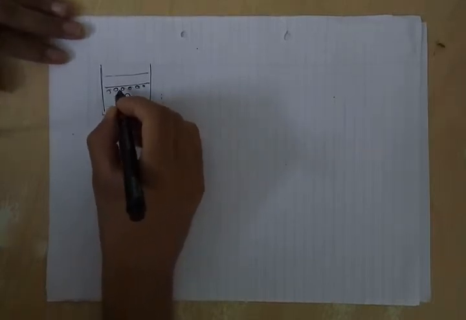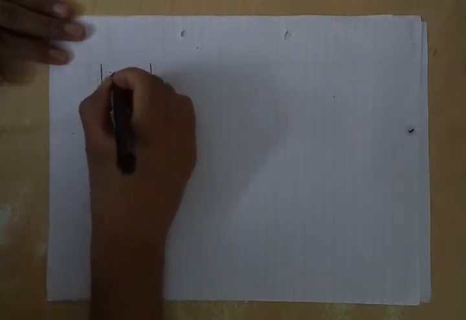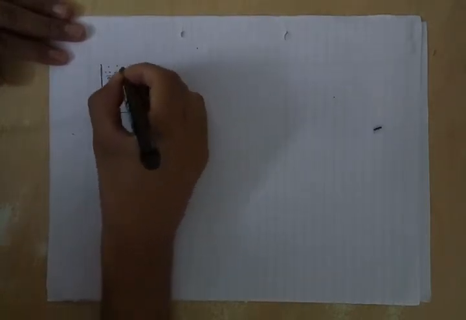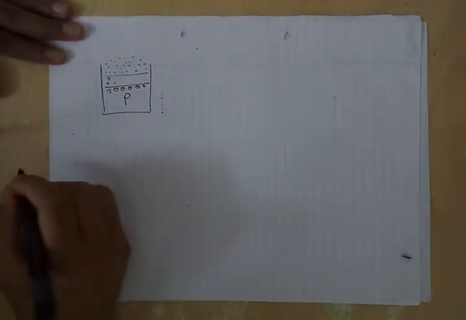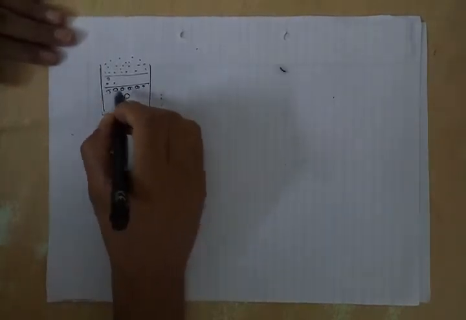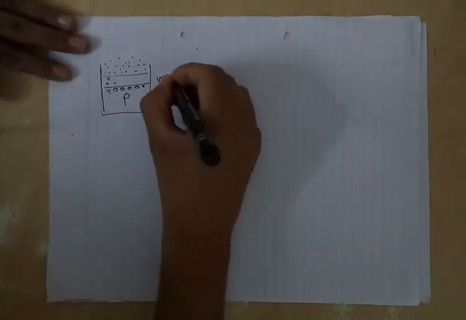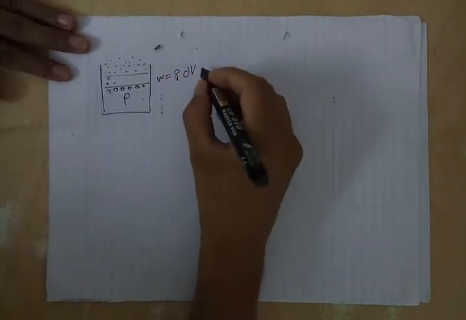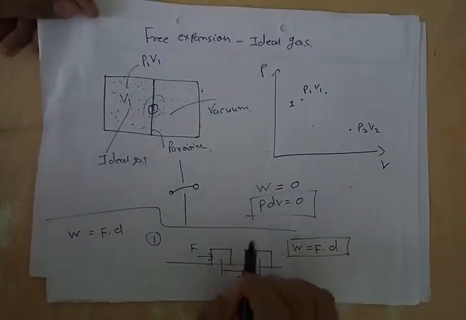So particles have to do work against the weight of the piston, and also they have to push the outer gas, that means gas of the environment. So there is a resistance against movement of these particles inside the volume. So due to this resistance, PdV work was not equal to 0. But here in case of this free expansion, PdV work will be 0.